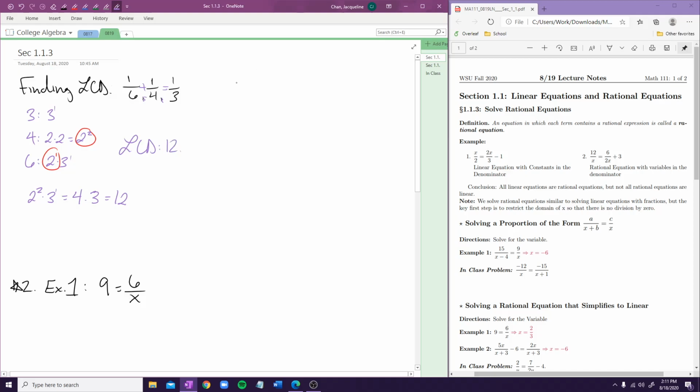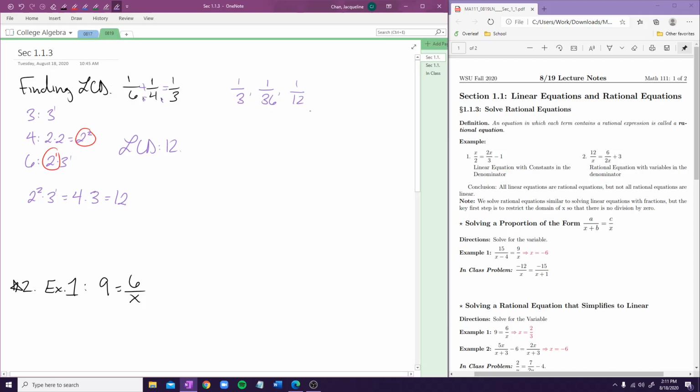And that's how we got the LCD to be 12. Another quick example: say that I wanted 1/3, 1/36, and 1/12. If you are comfortable finding the LCD and you see that it's 36, that's perfectly fine, but this is for people who need more practice.